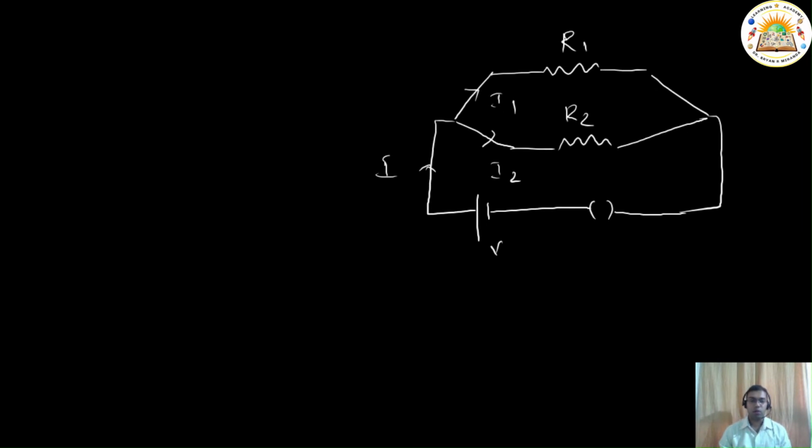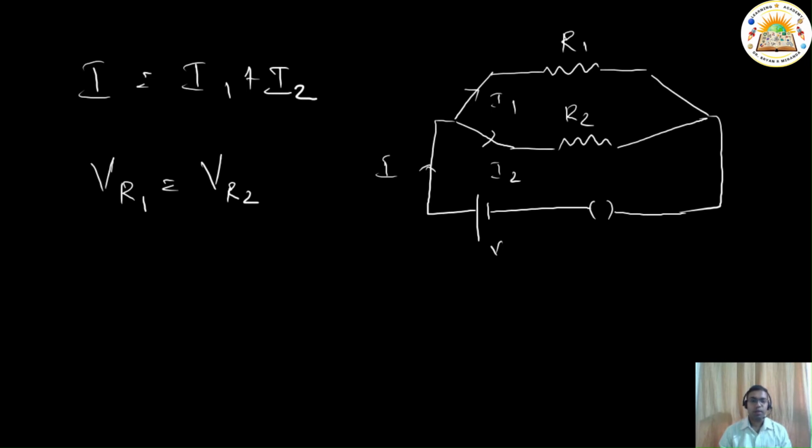Now, the total current is nothing but I1 plus I2. This is the total current that is there. But if I, let's say, take potential difference, if I look at potential difference, V across R1 is the same across R2. Potential difference across R1 and R2 are one and the same.